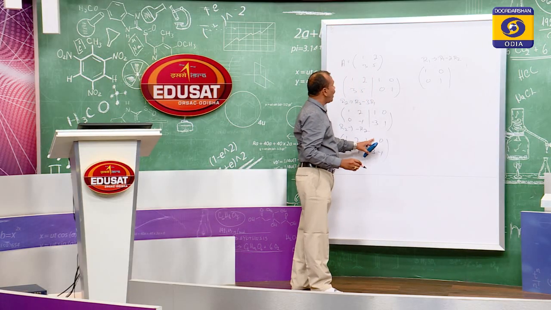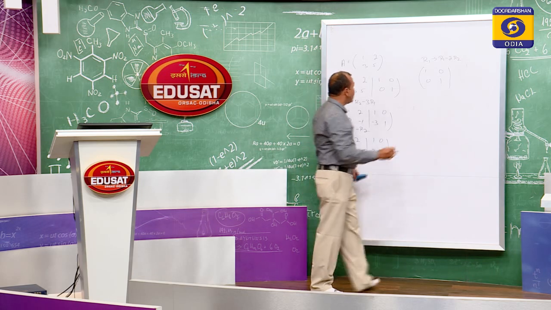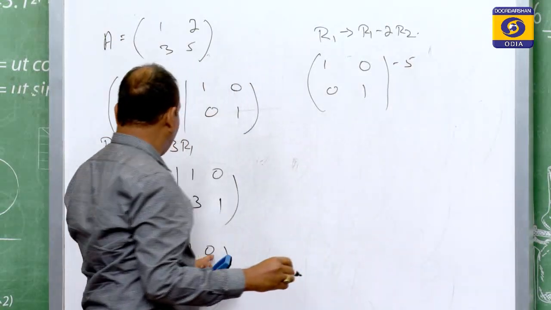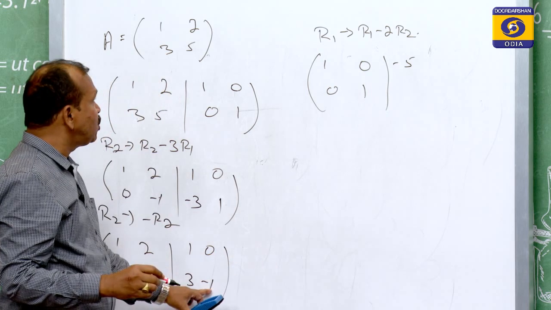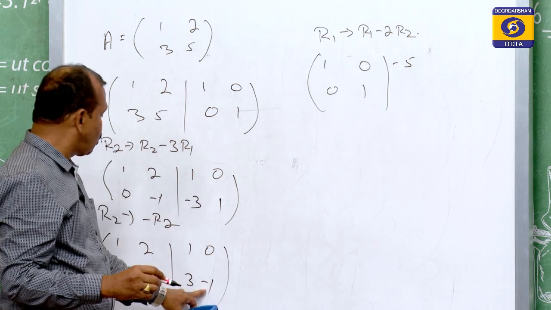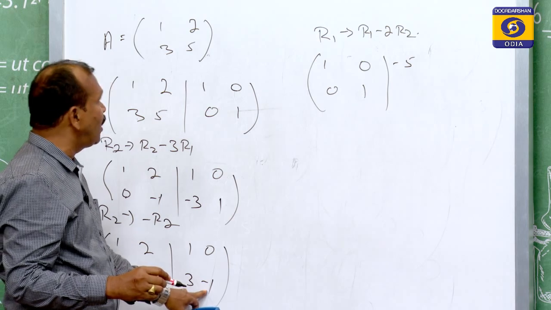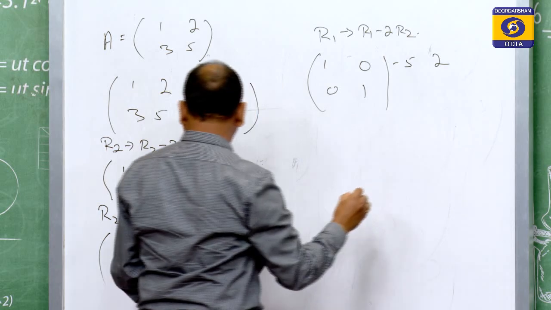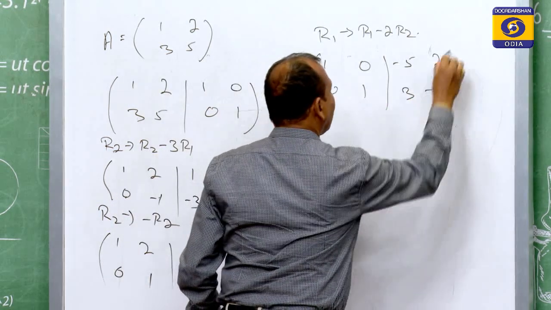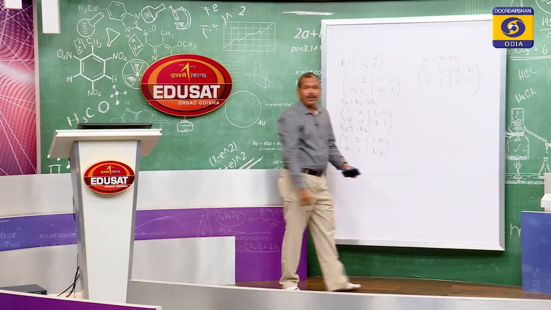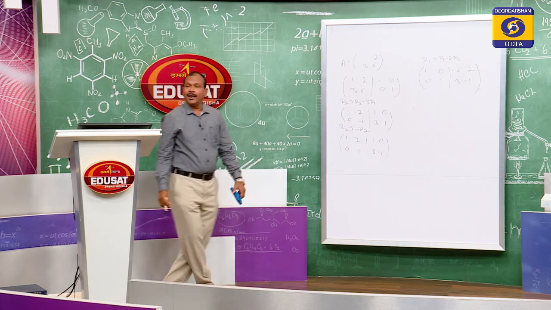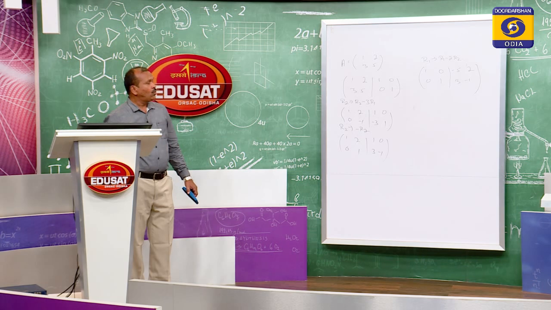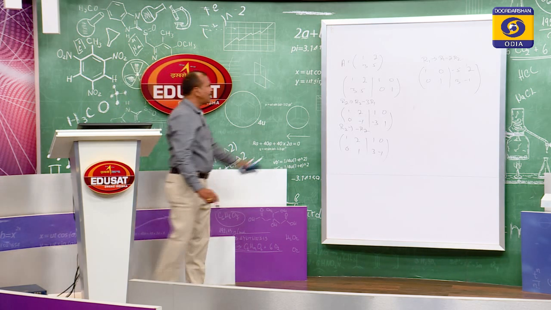Then 0 minus 2 into minus 1, that is 2. Then 3, minus 1. R2 remains unchanged. Hence, the inverse is minus 2 2 3 minus 1.